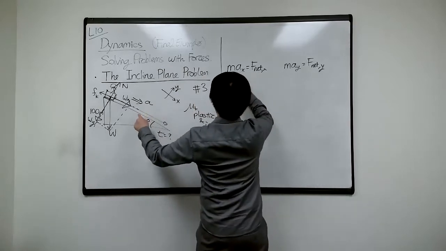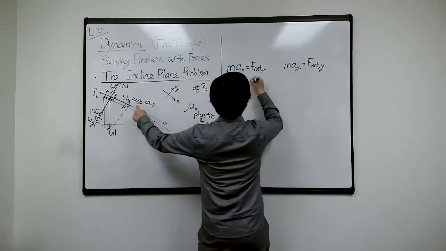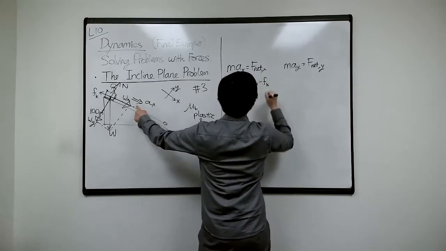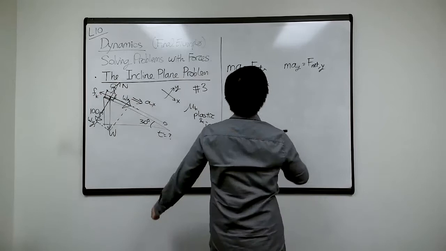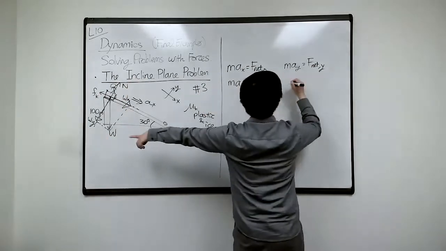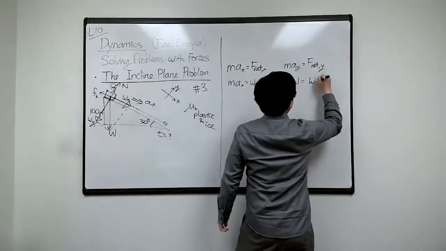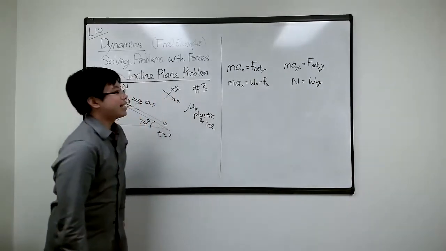So max, let's call it ax, is going to be Wx minus fk, right, the kinetic friction. And it's not accelerating in the y direction. So obviously this has to cancel this, otherwise I will have a y acceleration.